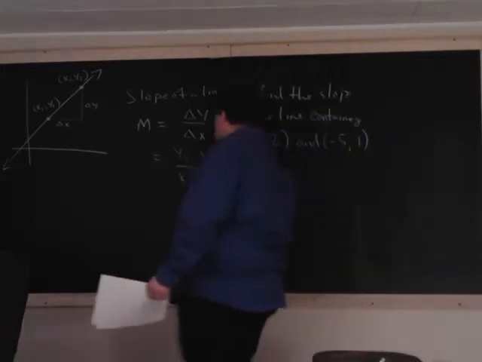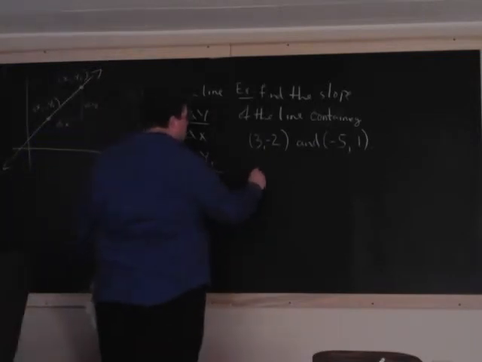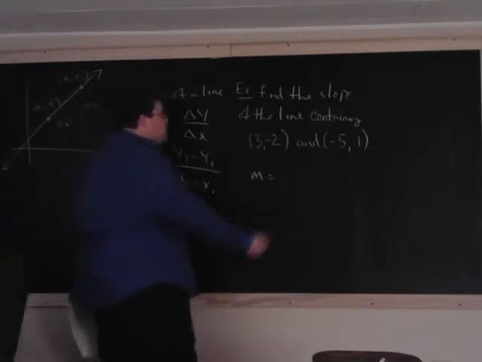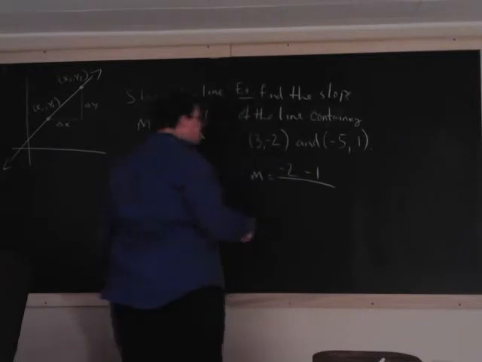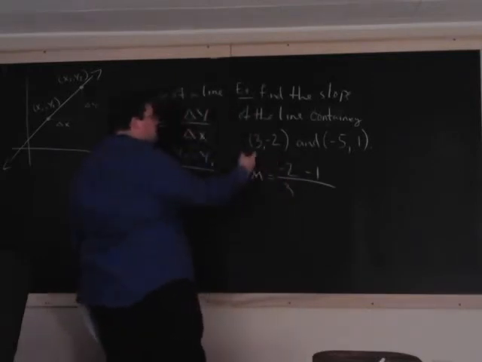Well, for the slope, we'll use this formula down here. Slope is given by the change in the y values, so -2 minus 1, over the change in the x values, 3. We start at this -2, so we're also going to start at this 3.